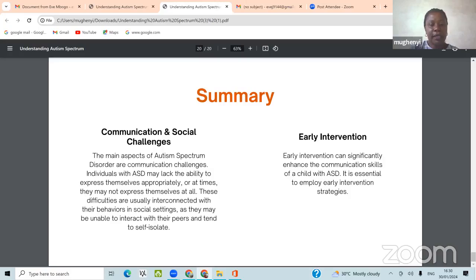These difficulties are usually interconnected with their behavior in social settings, as they may be unable to interact with their peers and tend to self-isolate. Early intervention can significantly enhance the communication skills of a child with ASD. It is essential to employ early intervention strategies on these children.